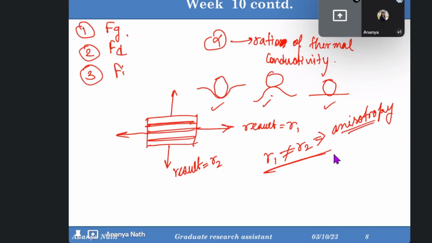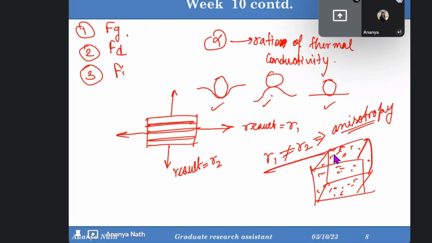But in the case of particles, if the particles are spread all over the matrix in three dimensions and are well distributed, and if the shape is also spherical or somewhat spherical, then you can get an isotropic property.